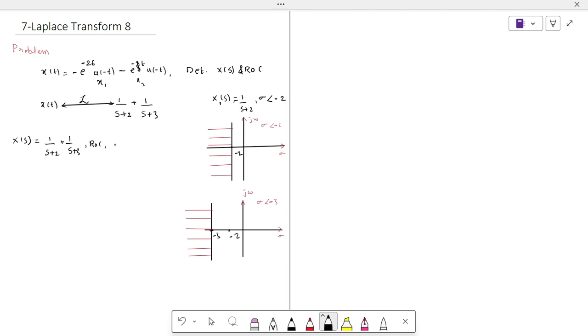So the region of convergence is the common area, sigma less than minus 3. This is the region of convergence for X(s). Sigma and j omega, this is for minus 2 and this is minus 3.